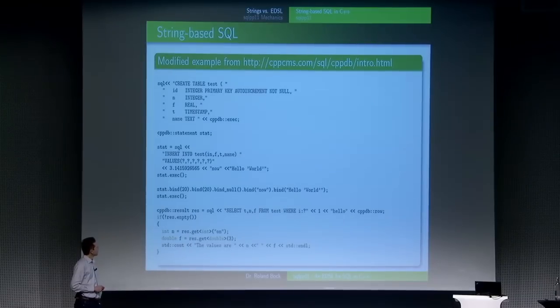So again, a string with some columns that we want to select from tests, some where condition, again with parameters, and we stream something in. Then we tell it, this is now something special. It's not just an insert or update, which returns an integer. It's something that returns a row. Then we can analyze this row. You can see if it's empty, and then we can get values from it.